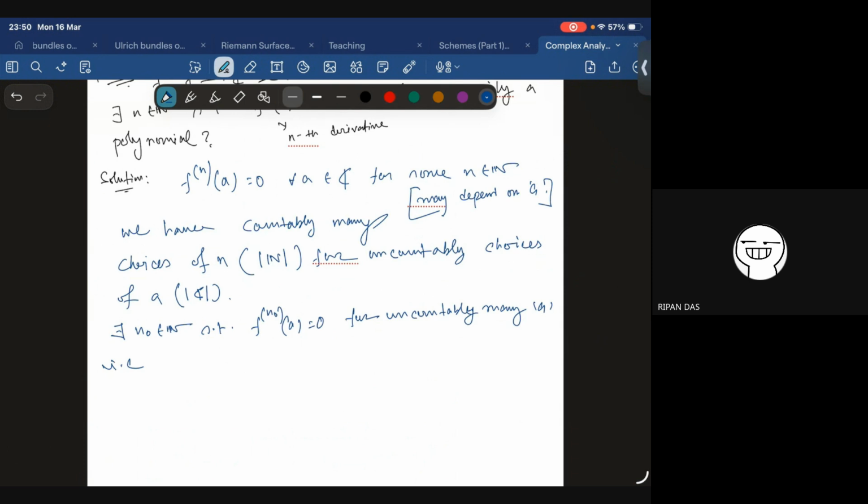That is, how should I write it? Z of f^(n naught), right? By our notation, is uncountable, implies it has a limit point in C, implies f^(n naught) is identically 0.